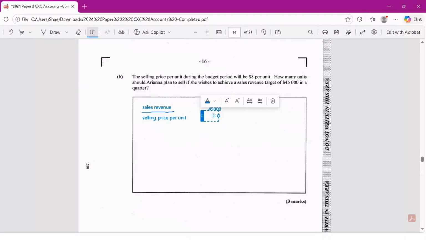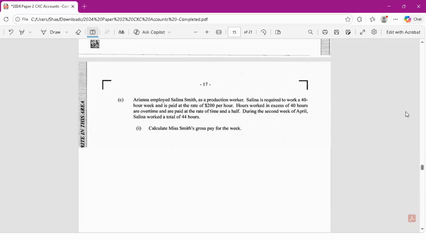So in total, we are going to get 5,625 units. Five thousand six hundred and twenty-five units. Very simple question there. Then it says C.